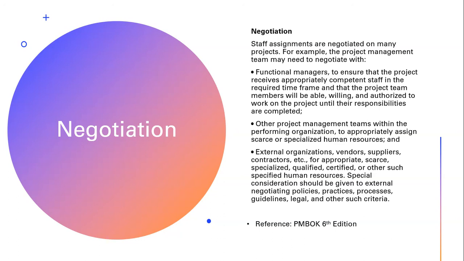So negotiation, staff assignments are negotiated on many projects. For example, the project management team may need to negotiate with the functional managers, other project teams, and external organization, vendor, suppliers, or contractor for suitable project team members.